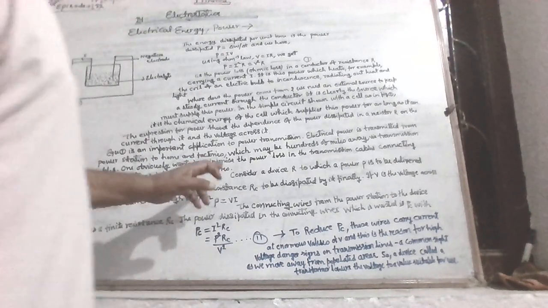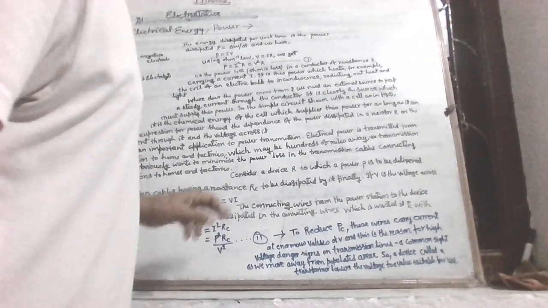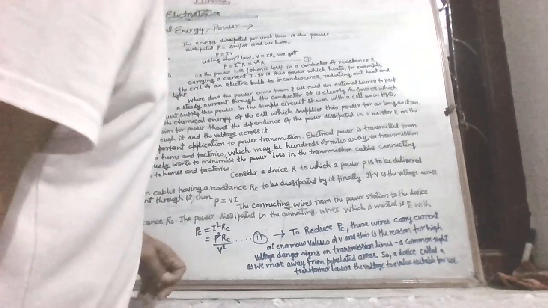Consider a device R to which a power P is to be delivered via transmission cables having a resistance RC, to be dissipated by it finally. If V is the voltage across R and I the current through it, then P = VI. The connecting wires from the power station to the device have a finite resistance RC.